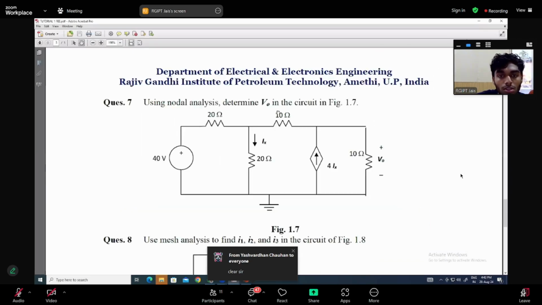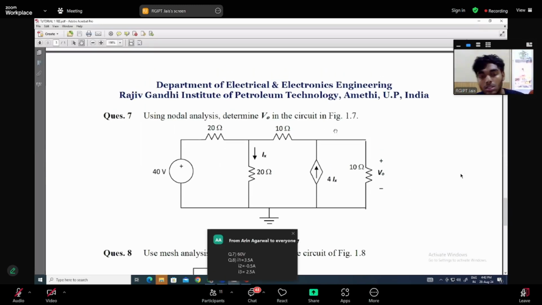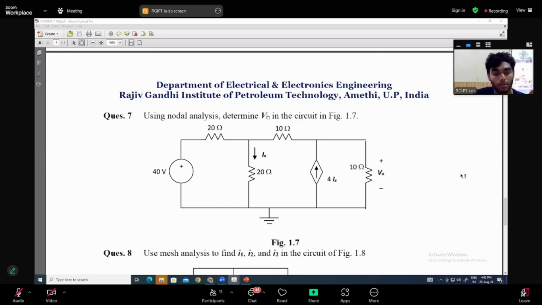To solve the seventh question, I think this topic is also already covered in your class. So just solve it. V naught is equal to, okay, question 8. Okay, one reply I've got, and others please respond.